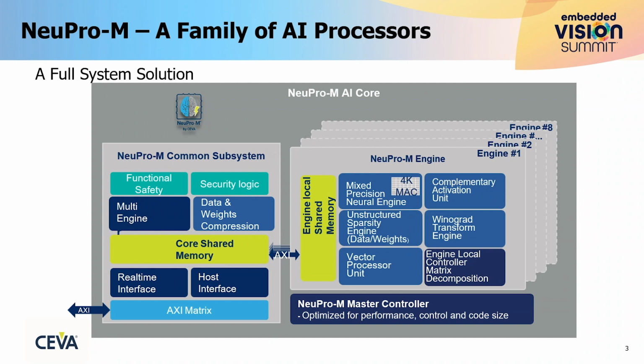By the way, the yellow block on the right-hand side is the L1 local memory, the scratchpad memory that is dedicated for each engine. All the blocks within that engine can share the L1 memory. On the left-hand side, we see also a yellow block. This is the L2 memory, which can be shared amongst all the engines. I'll explain later on how we use these L2 and L1 memories.